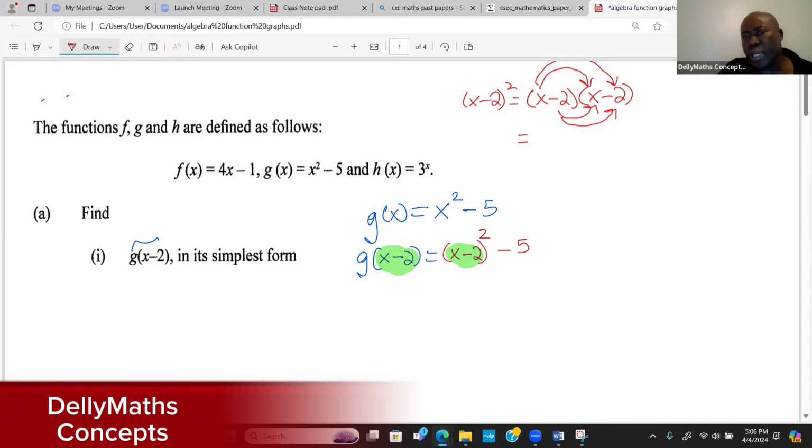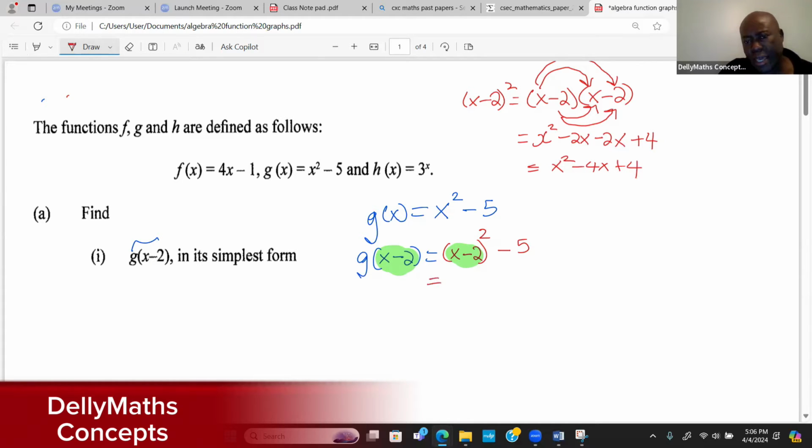So x times x gives x squared, then minus 2x, then minus 2x again, and minus 2 times minus 2 gives positive 4. When this is simplified, we have x squared minus 4x plus 4.